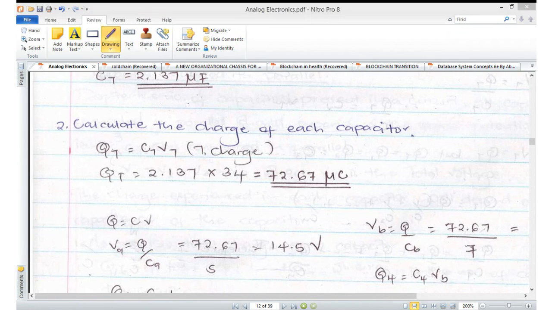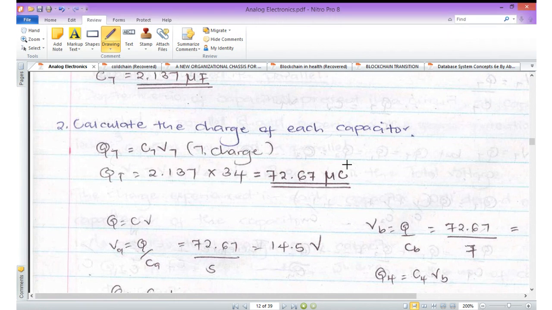For instance, looking at circuit A, we have to get to know the amount of voltage that we'll experience in that particular circuit.